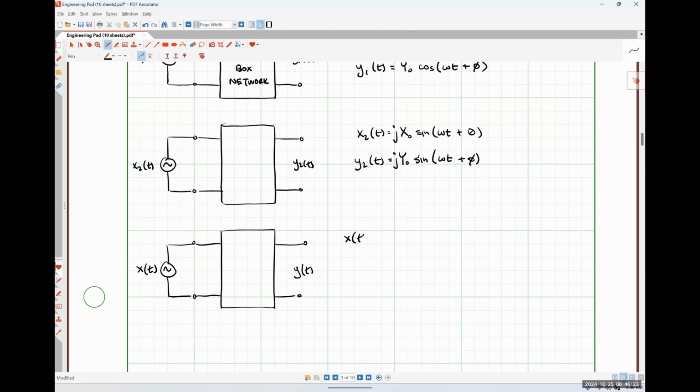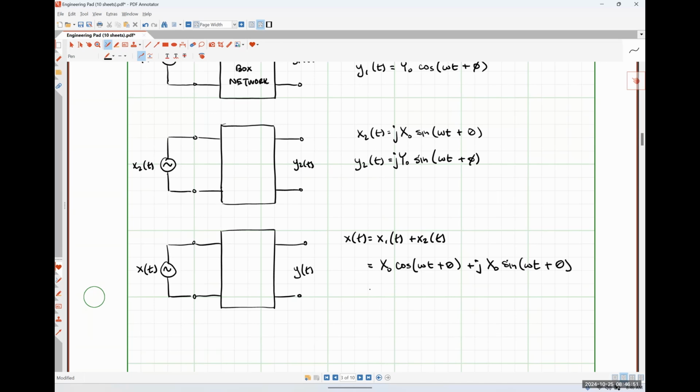And x of t is just going to be x1 plus x2, which looks like x naught cosine omega t plus theta plus j x naught sine omega t plus theta.